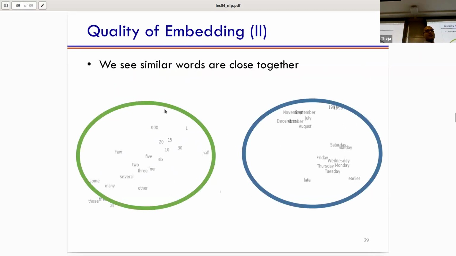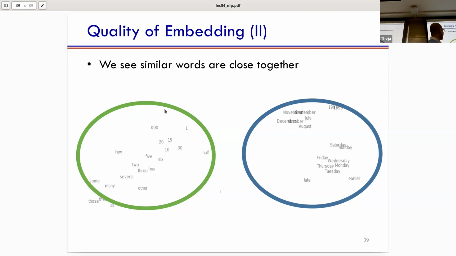This is a projection from some work a long time ago of some embedding. We can't really make it out, so let's zoom into a couple of areas. This is a zoomed-in projection of these high dimensional vectors into 2 dimensions for words. Where you project it down to that point, you replace it with the word that corresponds to that vector.